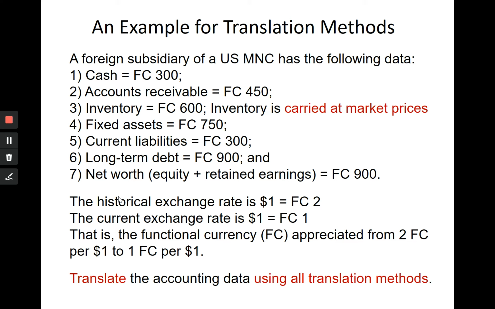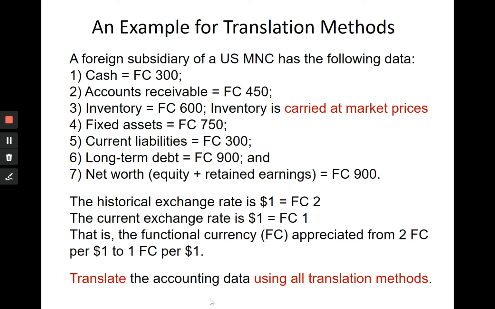We want to know what happens to our translation and how much losses and gains we would have under each translation method. By the way, notice that different translation methods give us different values, so we get a good place to compare them and see the differences.